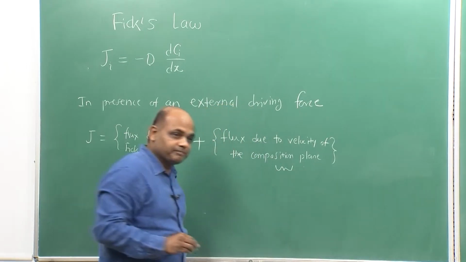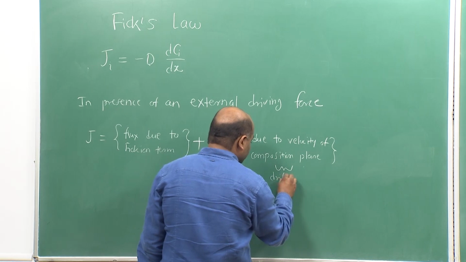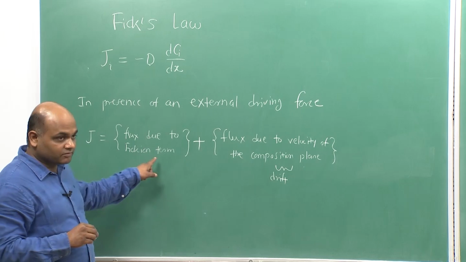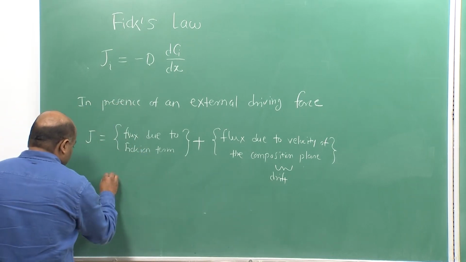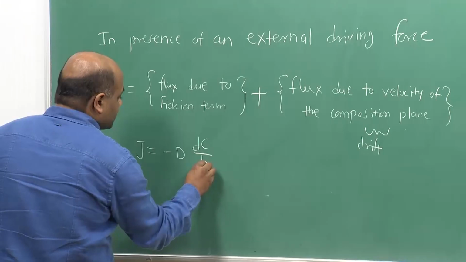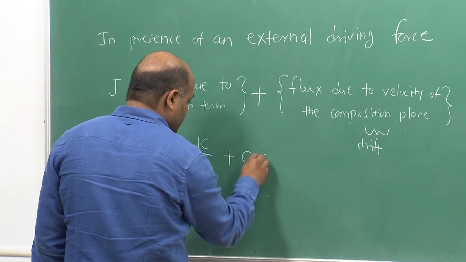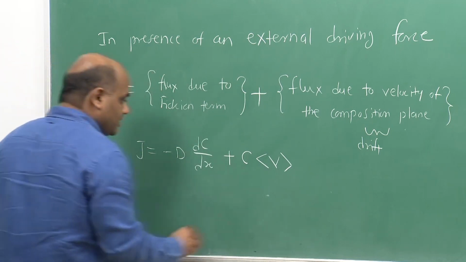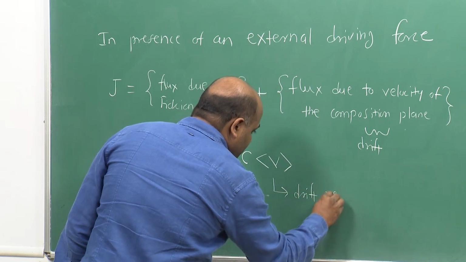This is more commonly referred to as drift. So, the flux term will have contribution from the Fickian term as well as the drift term. We can express flux as minus D dC by dx plus C times v, right, where v is referred to as the drift velocity.